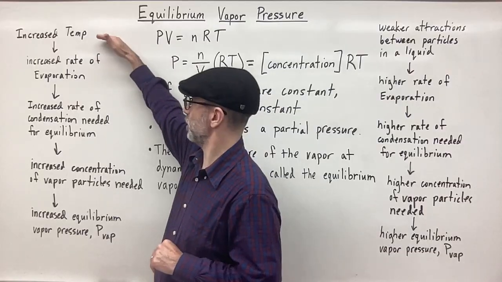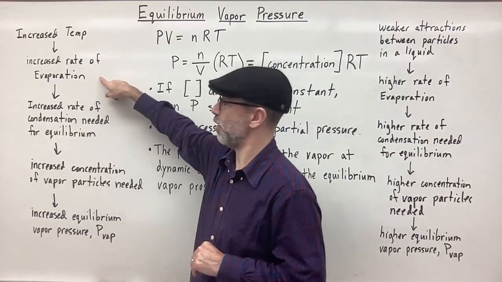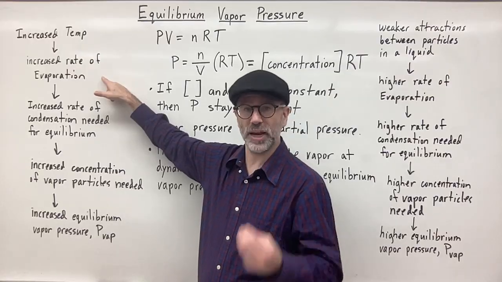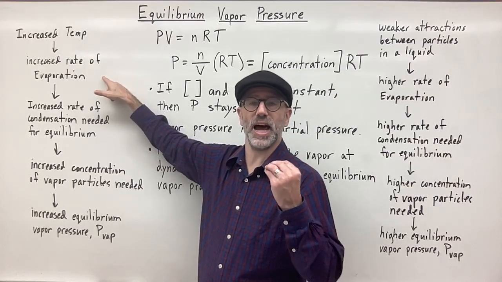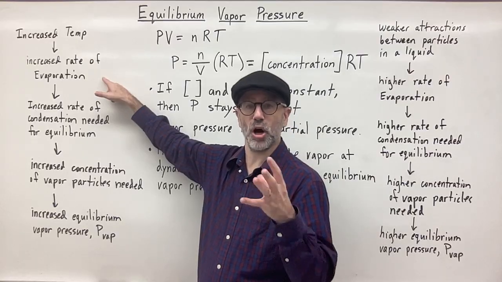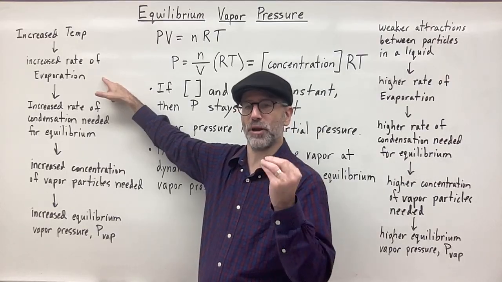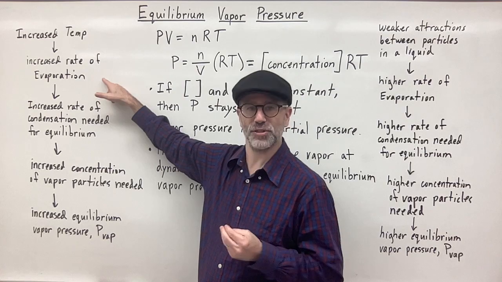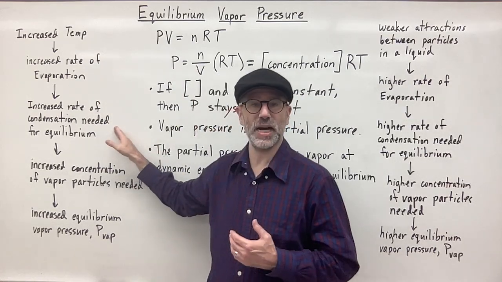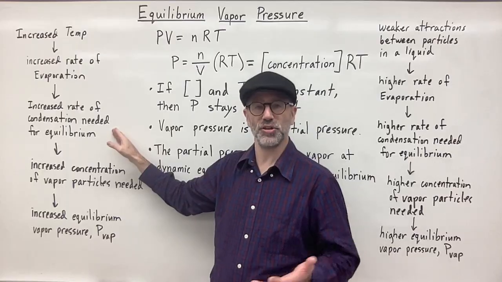So increased temperature means that you're going to now have an increased rate of evaporation. The rate of evaporation goes up because you have a greater percentage of your particles with enough energy to break free from those attractive forces at the surface. So therefore, you're going to need an increased rate of condensation in order to reach equilibrium.